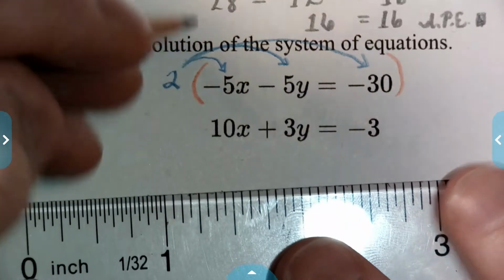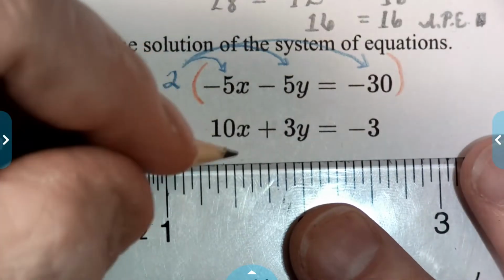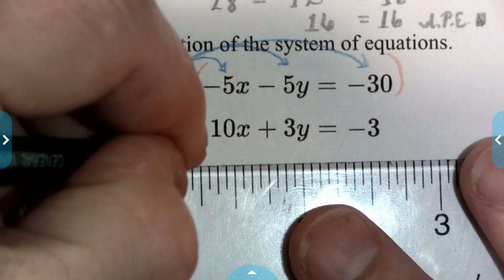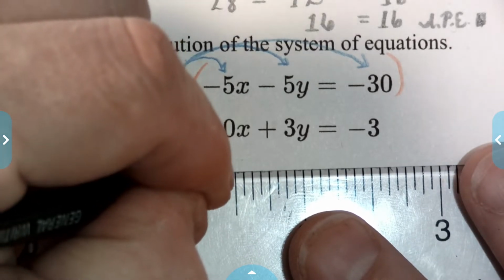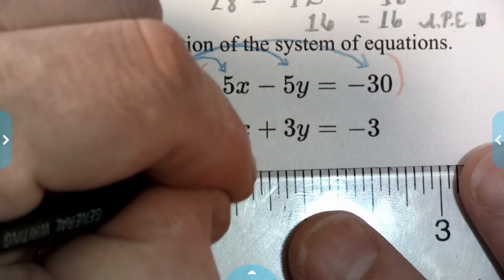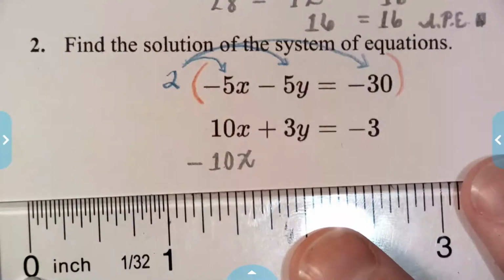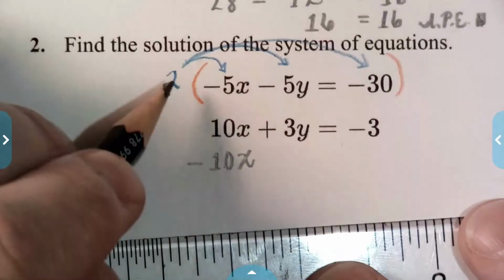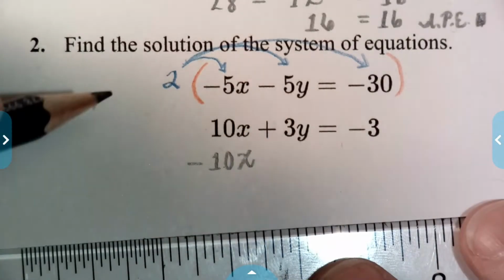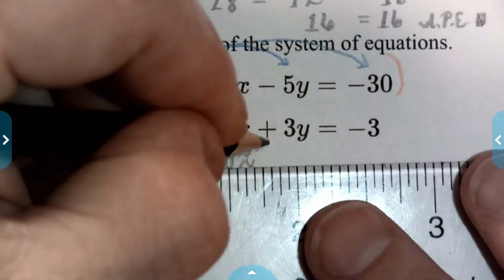So 2 times negative 5x is negative 10x. So I'm just going to write negative 10x right here. This way I don't have to rewrite both equations. It doesn't really matter which one's on top and which one's on the bottom. Okay, 2 times negative 5y, that's going to be negative 10y.